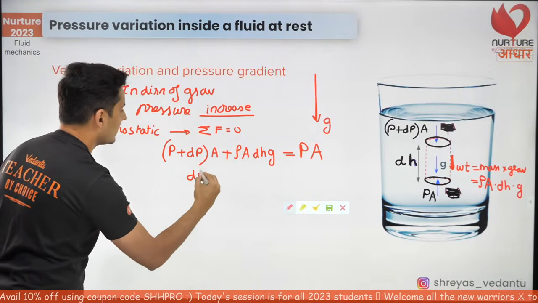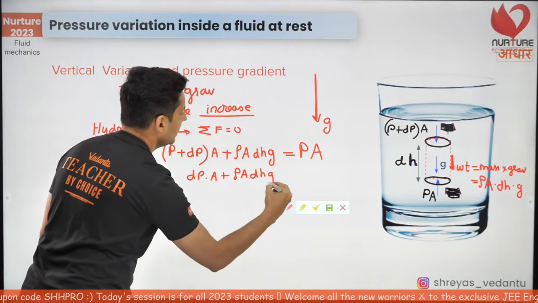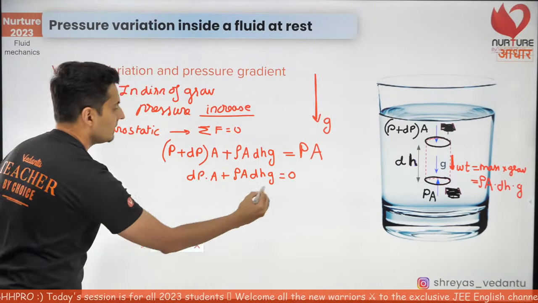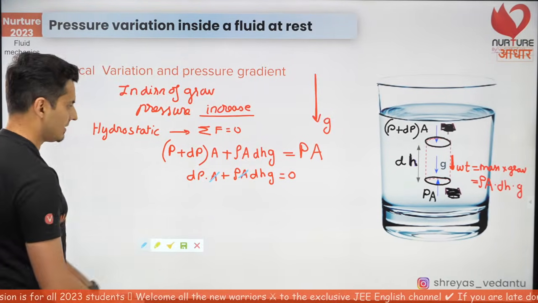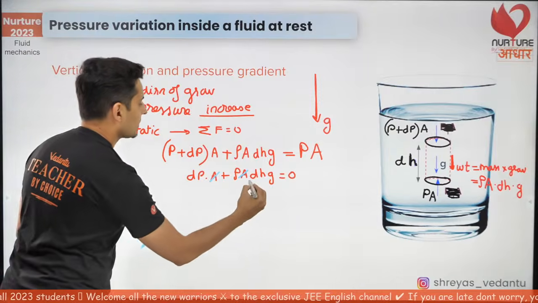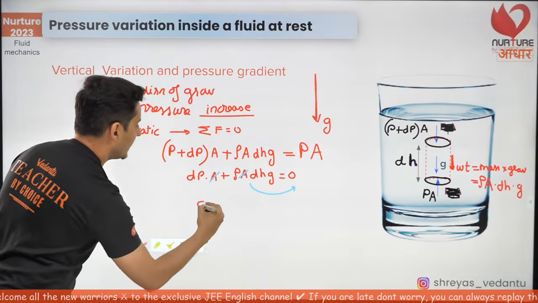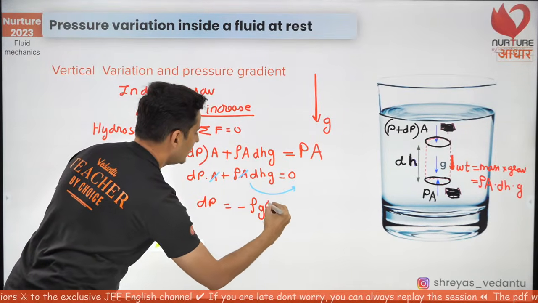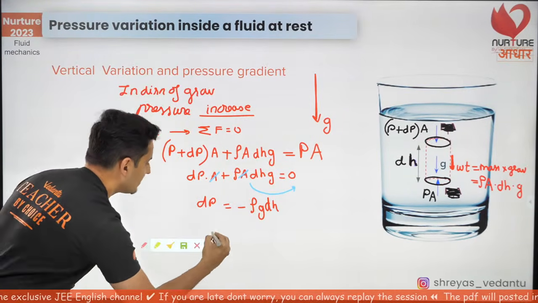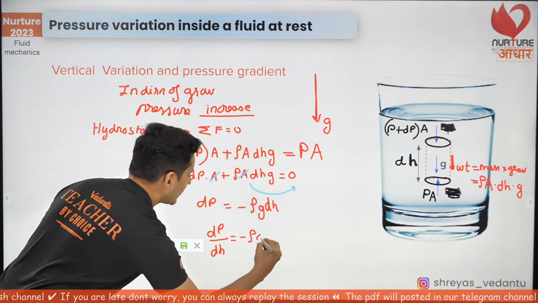So the only thing remaining is dP into A plus rho A dH g equal to 0. Cancel this A also, and shift this over there. You will get dP is equal to minus rho g dH. Shift dH below, so dP by dH is equal to minus rho g.